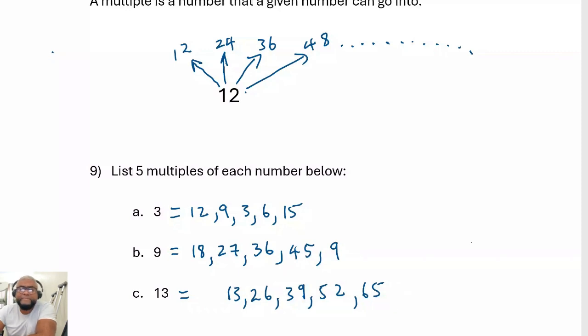Yeah, that's correct. So these are 5 multiples of 13. What did you call before, Amani? The 2 numbers you called before are what? Factors. And these are multiples.